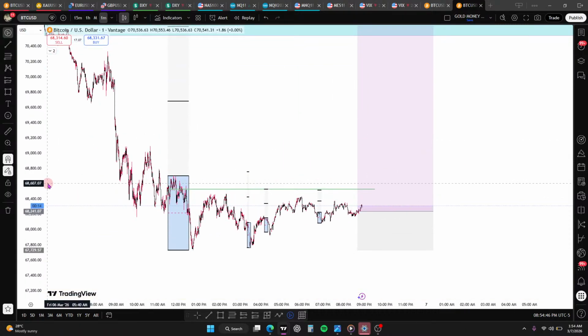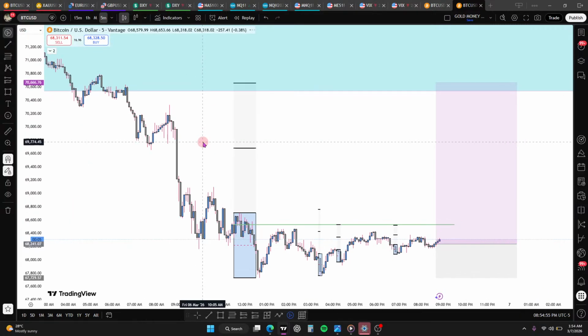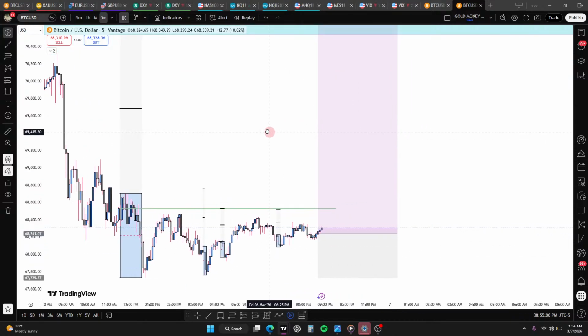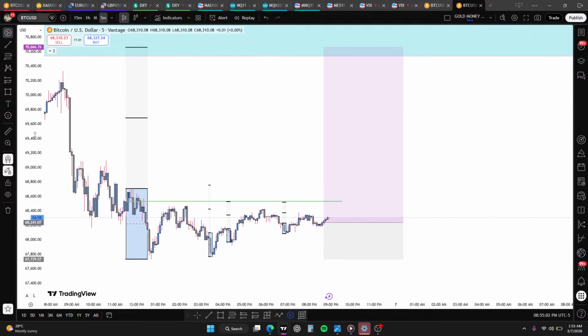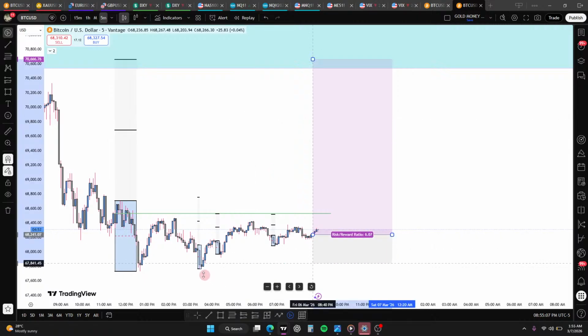I'm going to show you where my refined stop loss would be, just in case it doesn't actually hit my stop losses at all. My more refined stop loss would be at this low for a 5 to 1, or potentially this low for an 8.87 to 1.